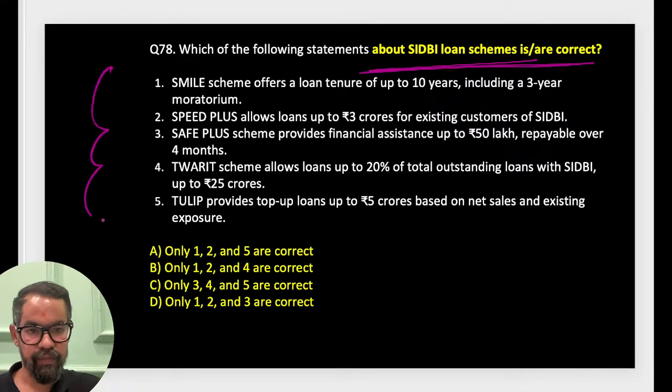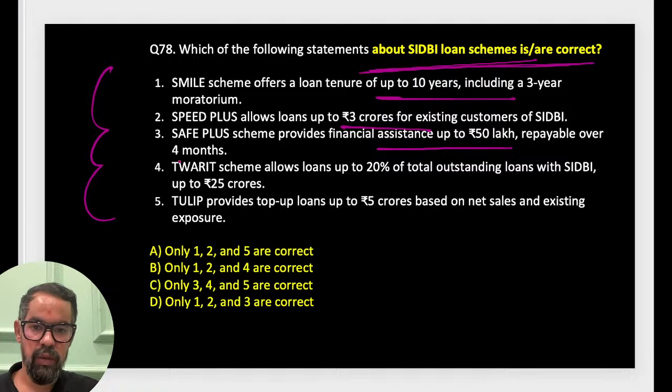SIDBI loan, SMILE, 10 years, 3 years moratorium.